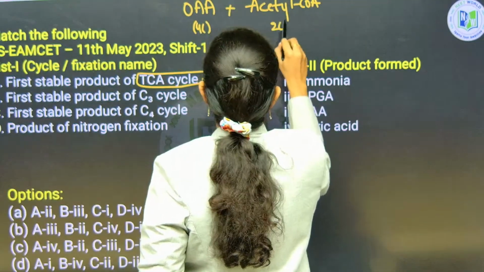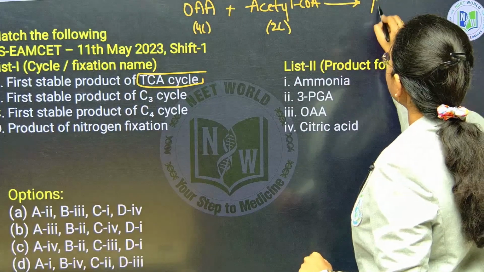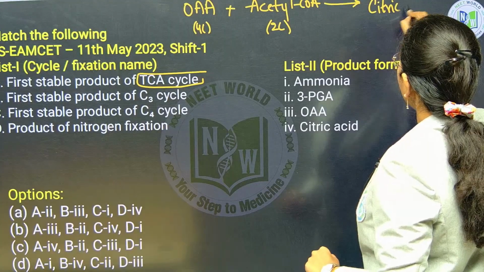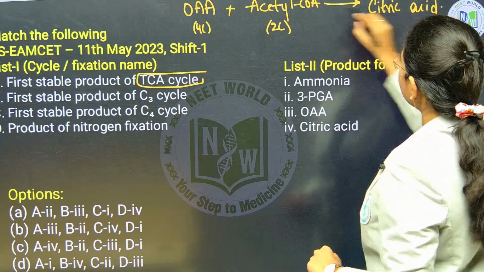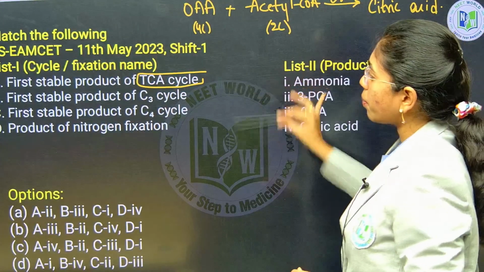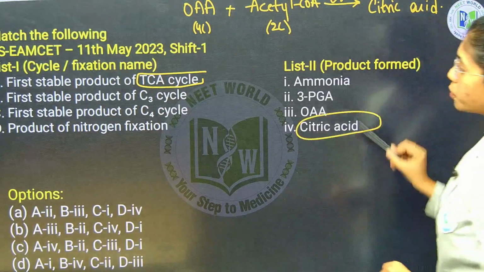Fine, right? And it forms the first stable product, citric acid, by the enzyme citrate synthase. So, the first stable product of the TCA cycle is citric acid, which is option 4.